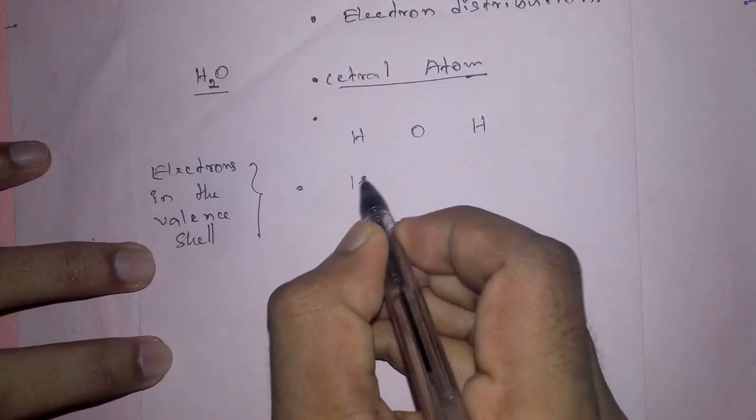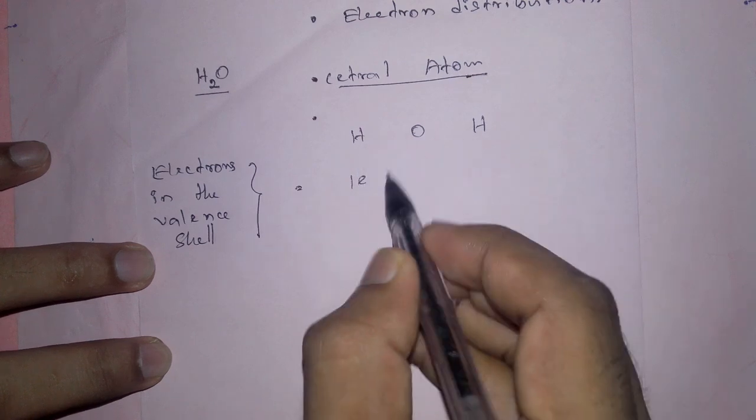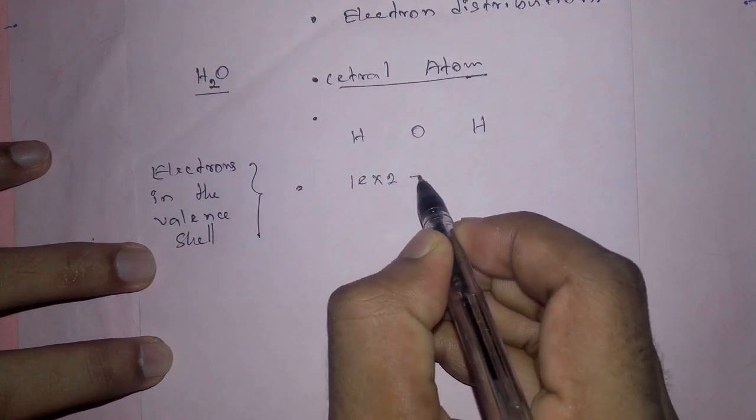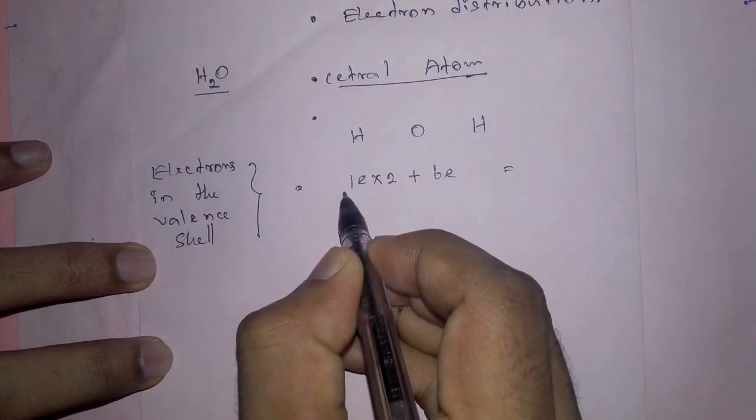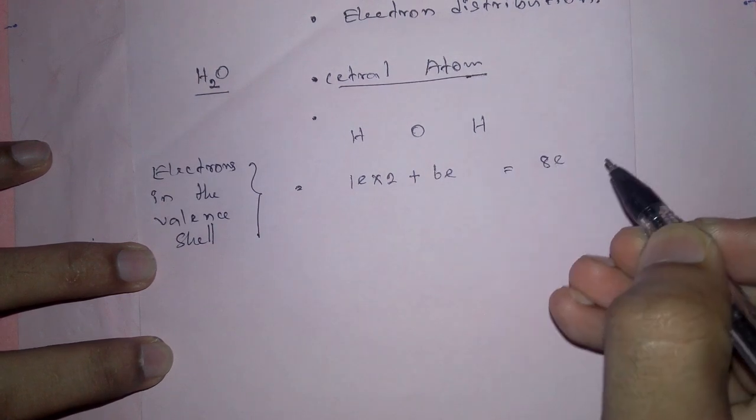Hydrogen has one electron in the valence shell and there are two hydrogens, so multiplied by 2. Oxygen has 6 electrons in the valence shell. Altogether there are 8 electrons.